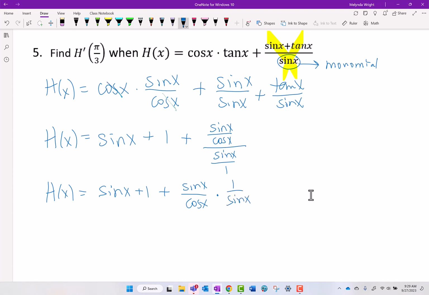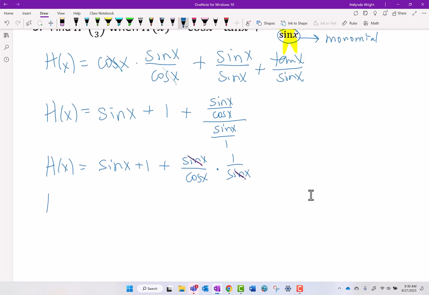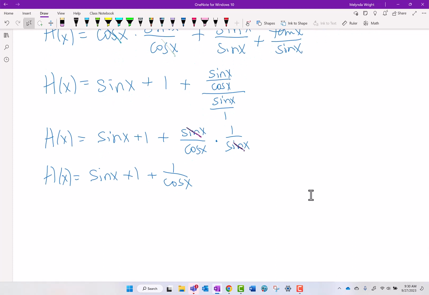Okay, wonderful. We're making some good progress here. So I've got those gone away. Still in the rewrite phase. So I've got sine x plus 1 over cosine x. I do not want to do the quotient rule here. What's my other option? Yes, I want to turn that into secant.